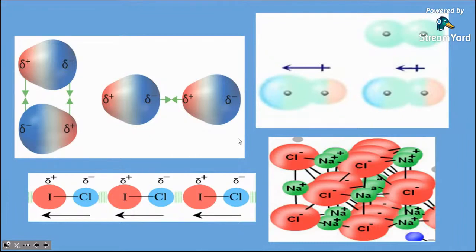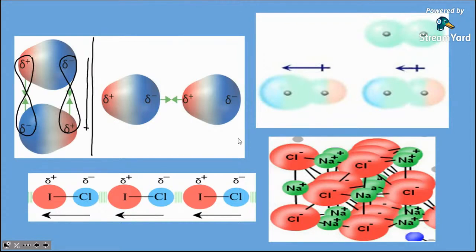The other thing, in the upper left-hand one, it's showing orientations. I can either orient the two molecules where one is in essence sitting on top of the other. And again, I'm going to have that negative attracted to the positive, attracted to the negative. So if we were to draw these arrows, as talked about, on one side we'd have this arrow, on the other side we'd have the other arrow.